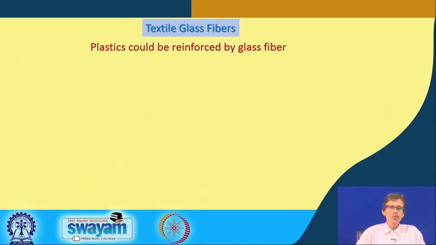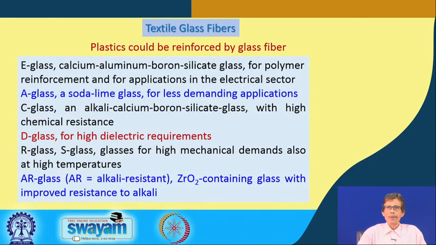So, plastics could be reinforced by glass fiber. If we put glass fiber as reinforcement material inside some plastic material, we can obtain a different type of material. So, there are a large number of these types, that means glass fiber impregnated plastics or textile fibers.